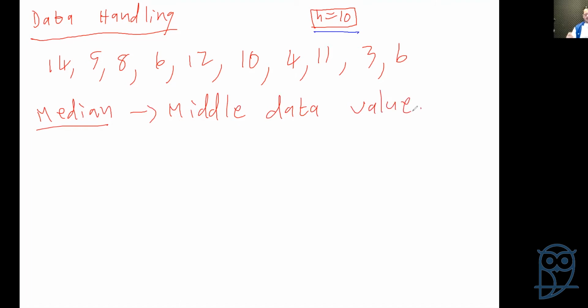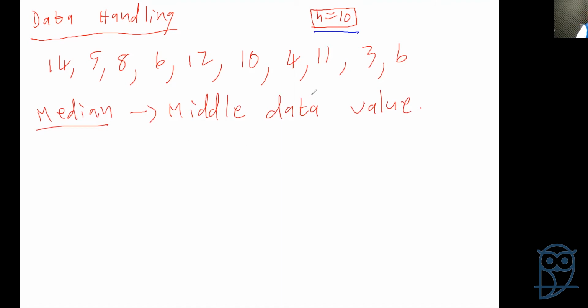Now you might be saying, cool, that's nice. That's exactly the same thing. Well, no, the middle data value is irrespective of what the actual data values are. It's just relative position in the data set.